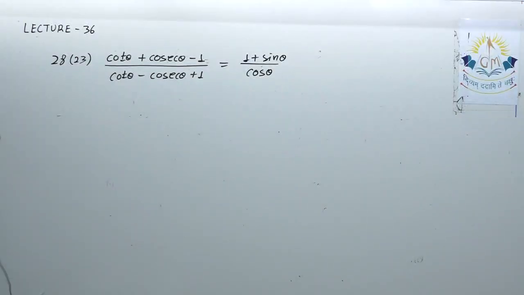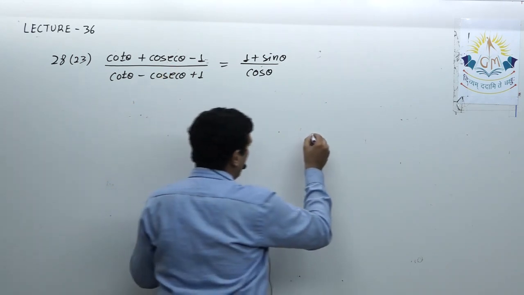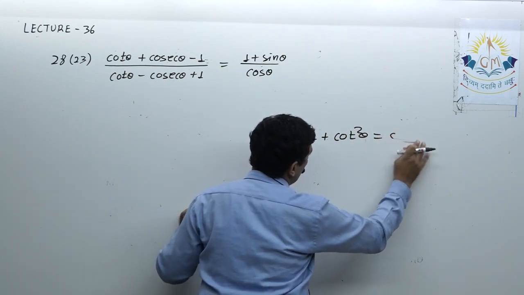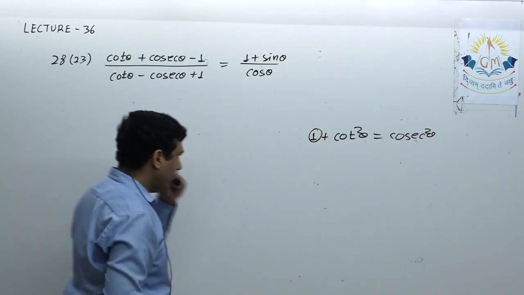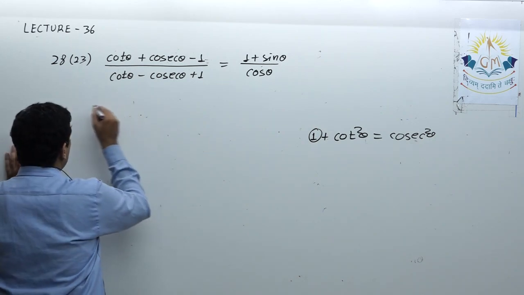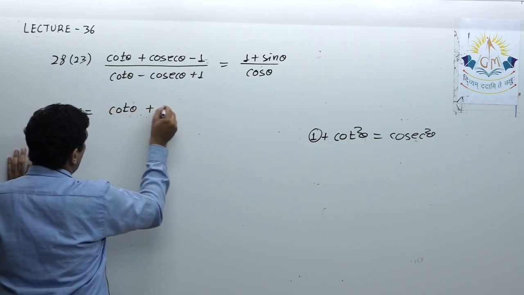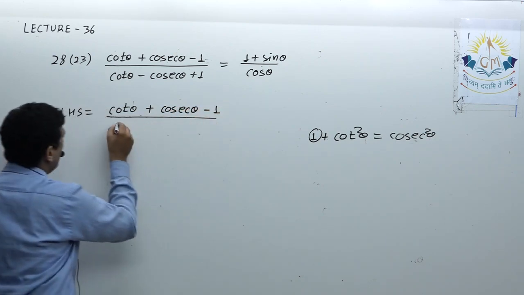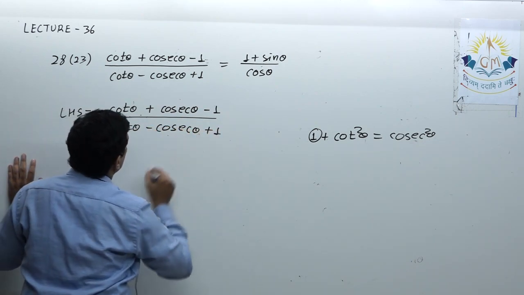Okay, now let us see its solution. Simply here we'll replace this 1 by an identity, and the identity we'll apply is 1 plus cot square theta is equal to cosec square theta. So in place of 1 I write cosec square theta minus cot square theta. I will start with the LHS: cot theta plus cosec theta minus 1 divided by cot theta minus cosec theta plus 1.